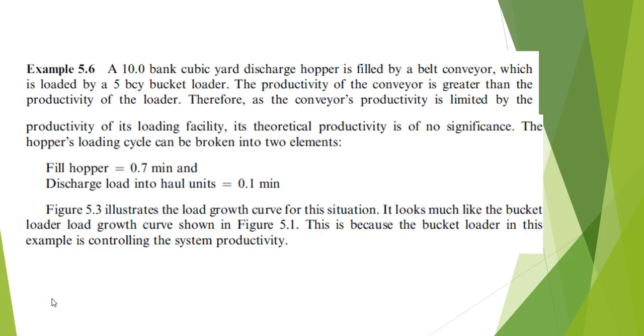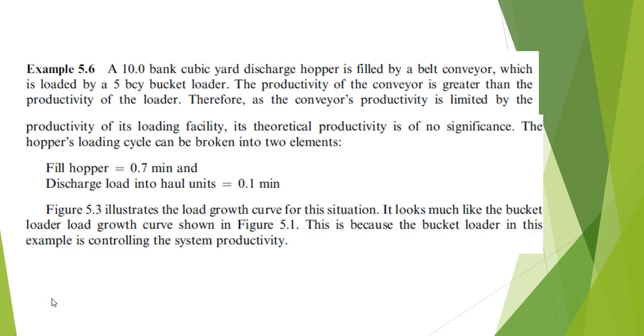And if we're going to look at the hopper, which receives the material from the loader, then we can look at its cycle broken into 2 pieces. It takes, to fill the hopper, 0.7 minutes, and to discharge the load into haul units, about 0.1 minute. So we can, again, make a load growth curve for this situation.